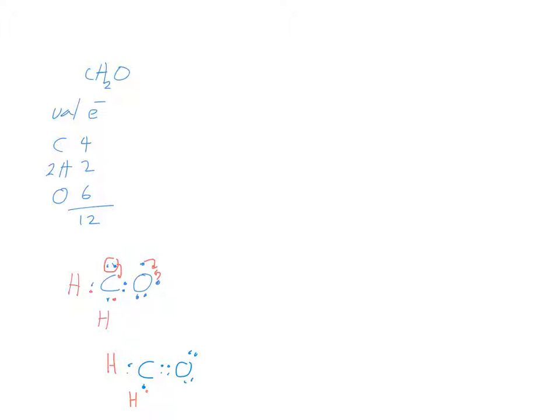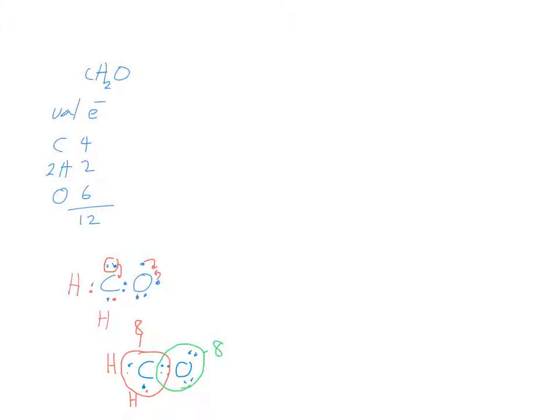Now the way we can count this up is that if we look at the carbon, it can include all of the bonding pairs. So all of these can be counted. So this has 8. And for the oxygen, it can also count all of these. So it also has 8.